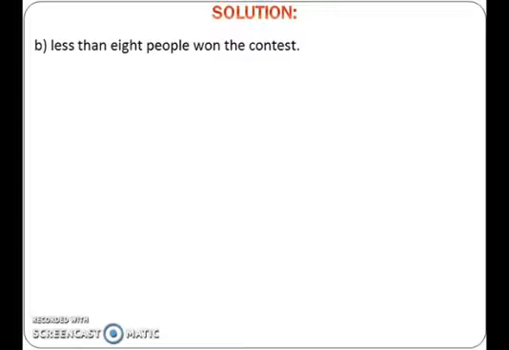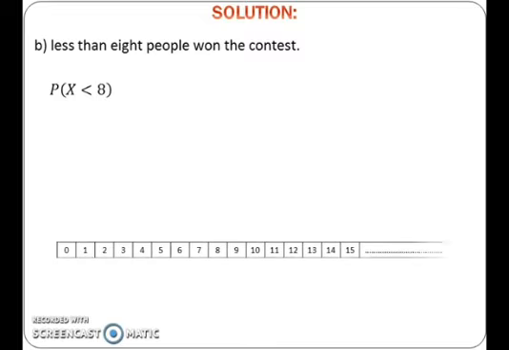Probability that less than 8 people won the contest is probability of x less than 8, where 8 is not included. To find probability of x less than 8, first draw a number line from 0 to infinity like this. After that, mark the part that we want. The part that we want is 0 until 7.